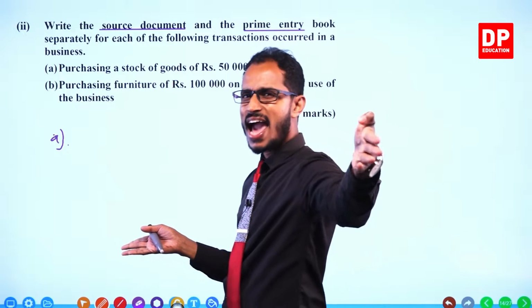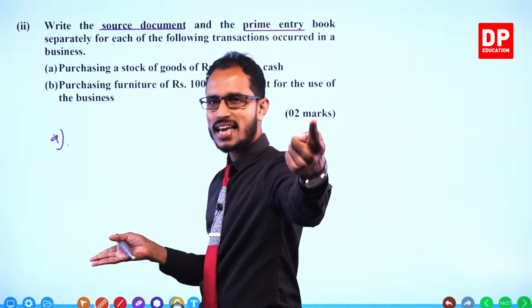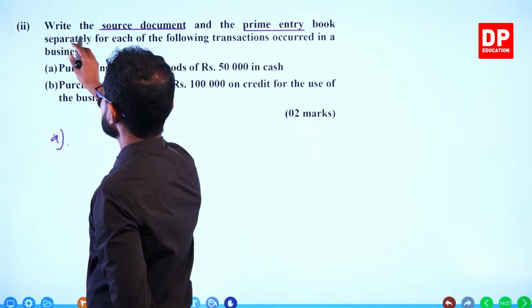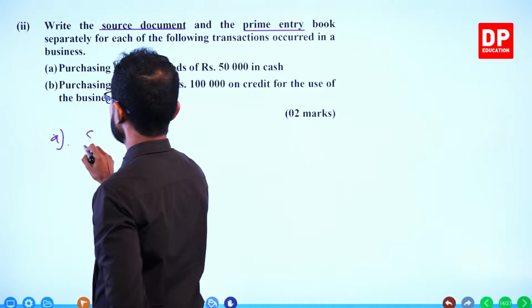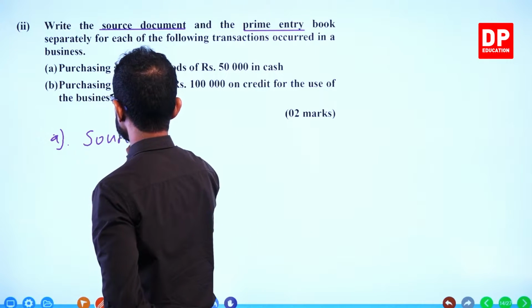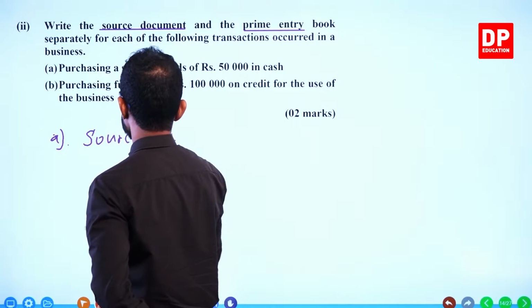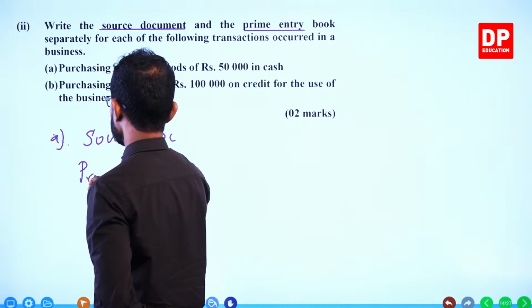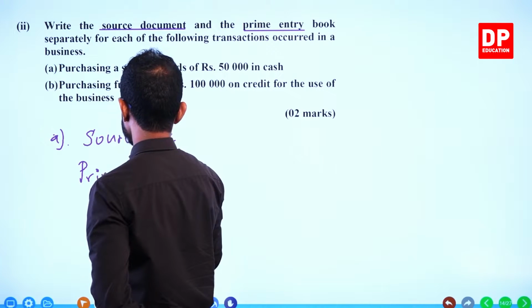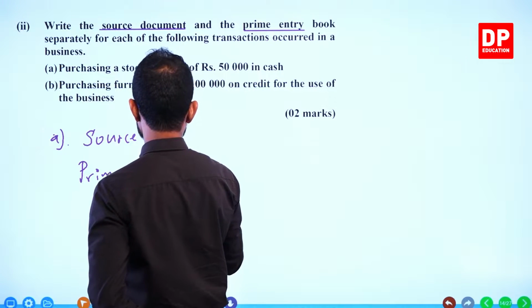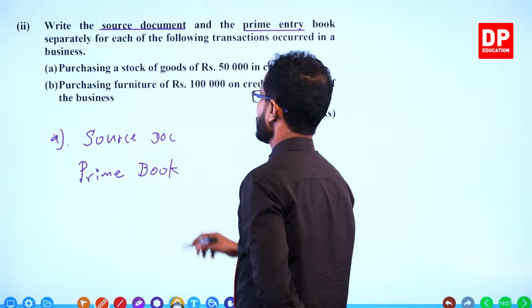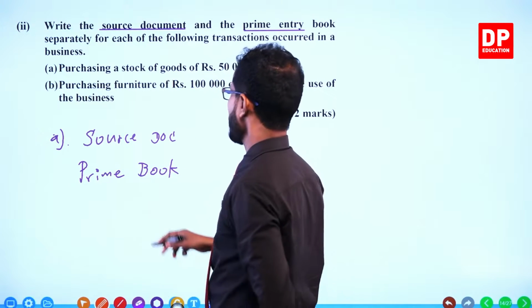No. Children, cash book. First of all, you have to write the source document. So source document, then prime entry book.